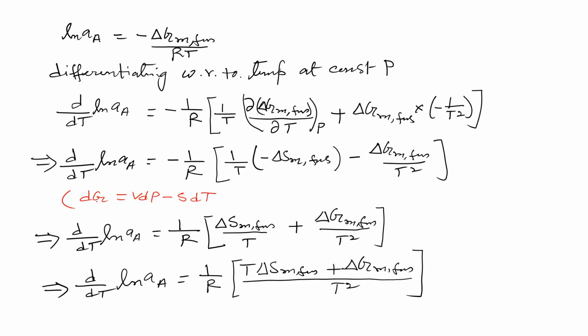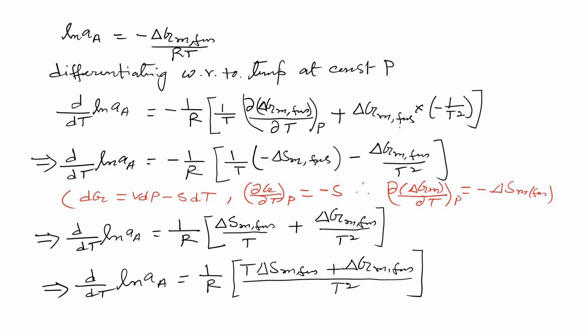So if you differentiate this equation with respect to temperature at constant pressure, then we will get dou G by dou T at constant pressure, with dP equal to 0, equal to minus S. Therefore we can write dou of delta Gm by dou T at constant pressure equal to minus delta Sm, and this is for fusion. So the molar entropy change during fusion. That's why we have written this line.